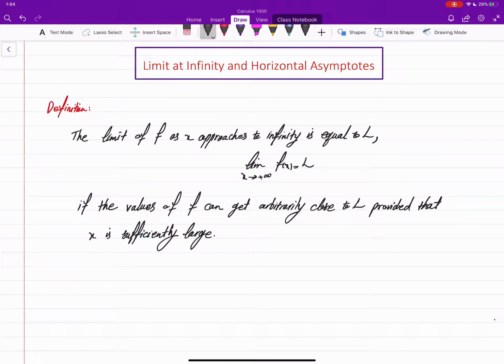To be able to talk about the values of the function for large x's, we have to assume that f is well defined on an interval a to plus infinity. If it is not defined at large numbers, you cannot talk about the value of the function and whether it is getting closer or not.